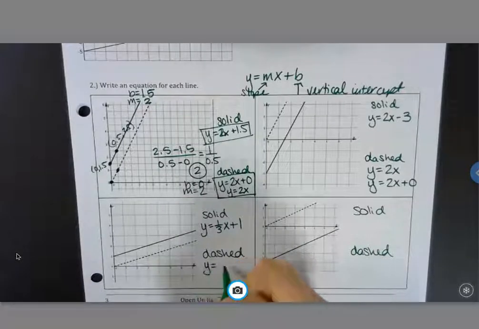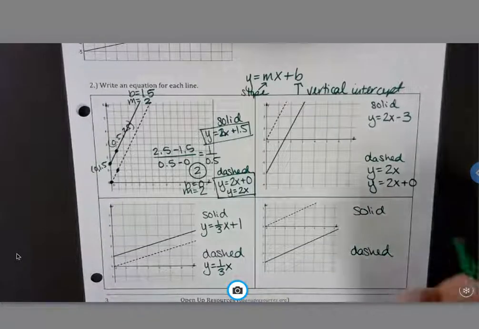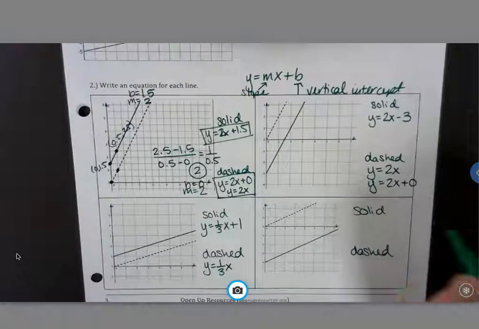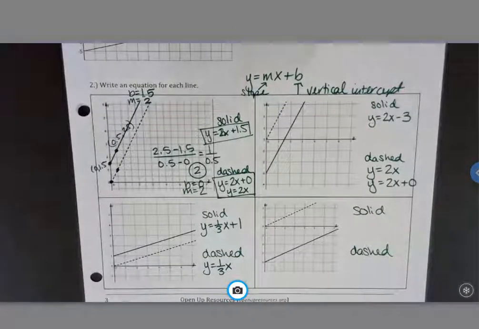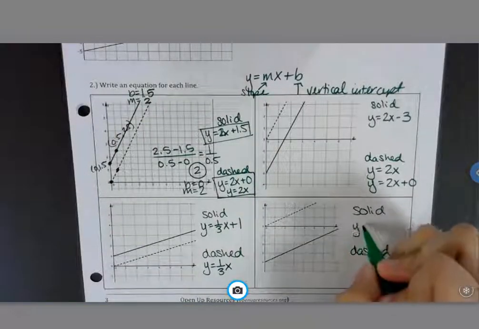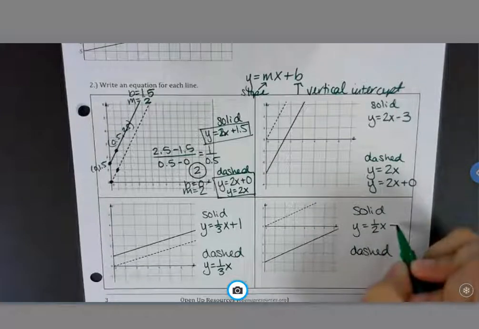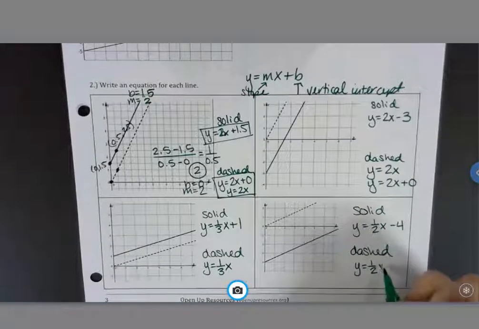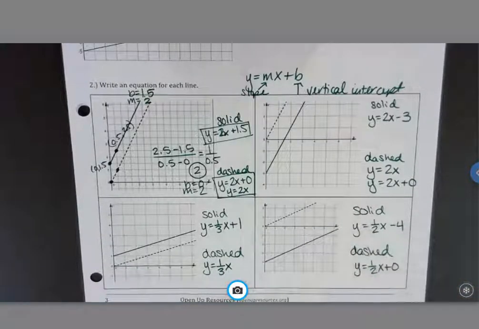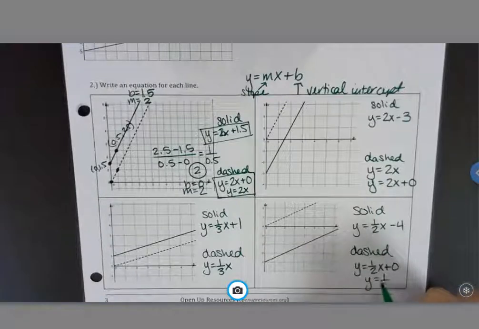And for the dash, we should have got y equals 1/3 x, or 1/3 x plus 0. On the last one, for the solid line, you should get y equals 1/2 x minus 4. And for the dashed, you should get y equals 1/2 x plus 0, or just y equals 1/2 x.